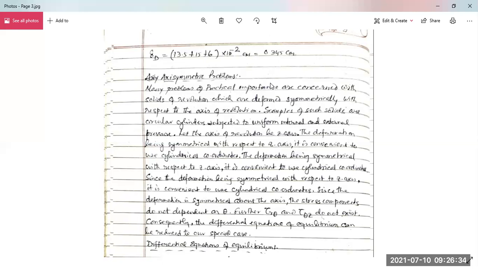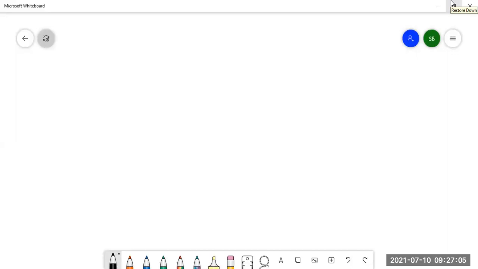Now, what is the axisymmetric problem? There are so many problems of practical importance that are concerned with solids of revolution.